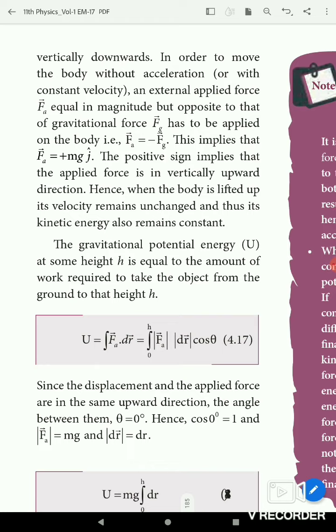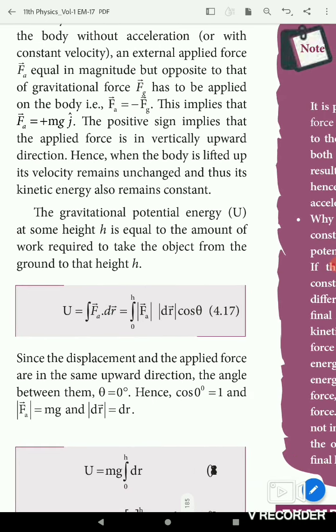The gravitational potential energy U at some height h is equal to the amount of work required to take the object from the ground to that height h. So, U is equal to the integral of Fa vector dot dr vector. So, that is equal to the integral from 0 to h.